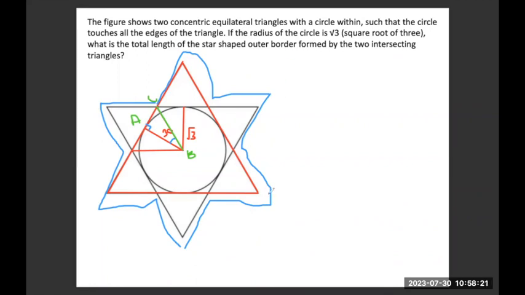So tan 30 is equal to AC upon AB. The value of tan 30 is square root 3.